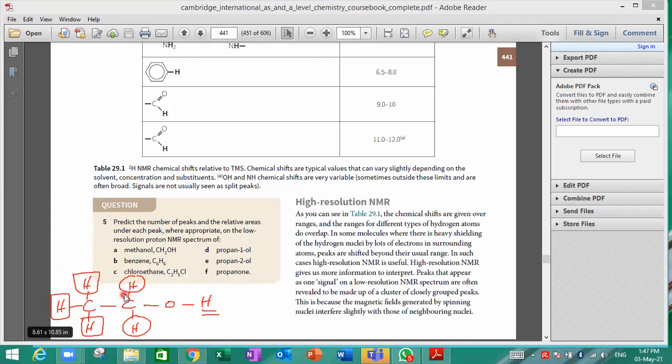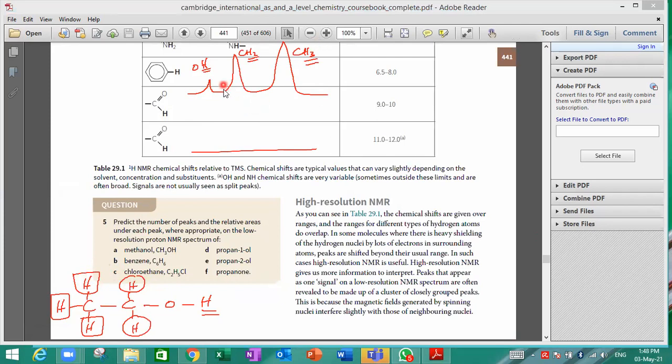How are they going to be affected? We will find that each of these peaks that we have drawn before, this was the OH, the CH2, and the CH3. This was the hydrogen of the OH, this was the hydrogens of the CH2, and this peak represented the three hydrogens of the CH3.